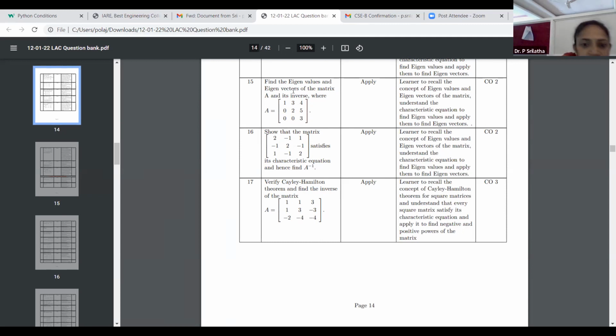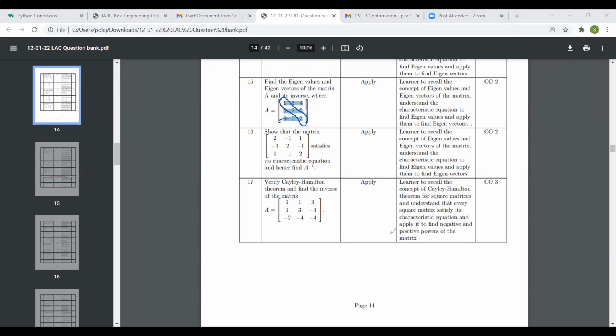So here the eigenvalues are these. In an upper triangular or lower triangular matrix, the diagonal elements are the eigenvalues. No need to calculate; directly you can say the eigenvalues.